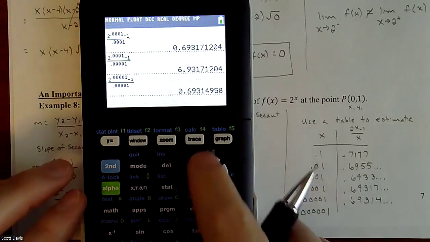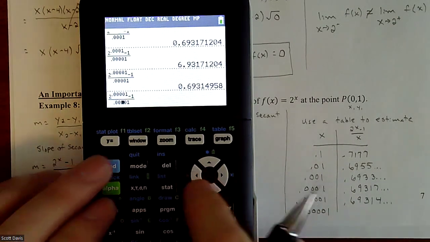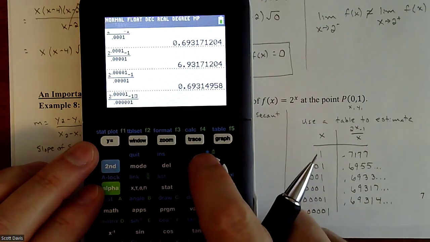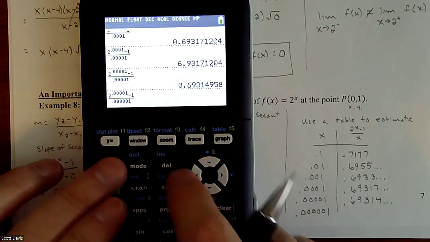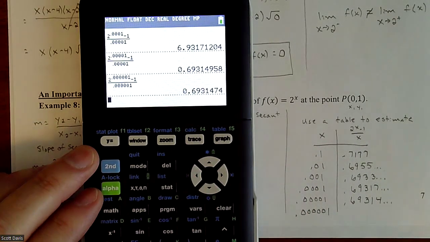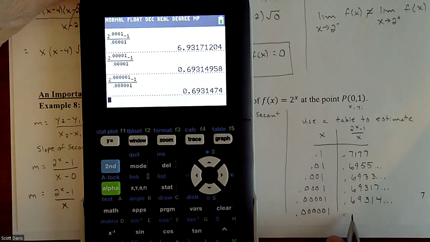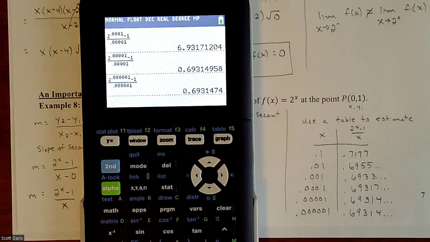I should have five zeros. There we go, 0.69314. So we're sitting at about five decimal places of accuracy.